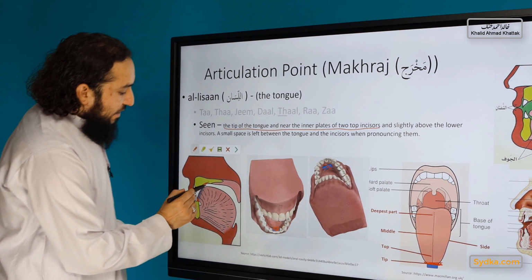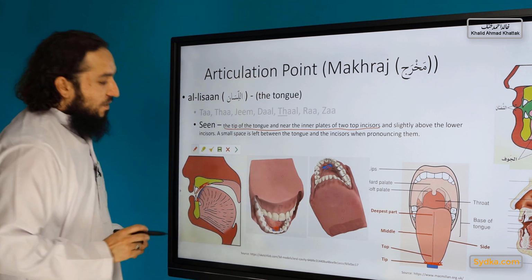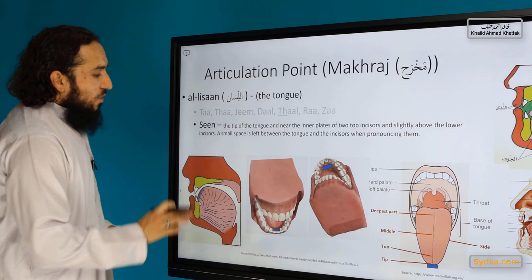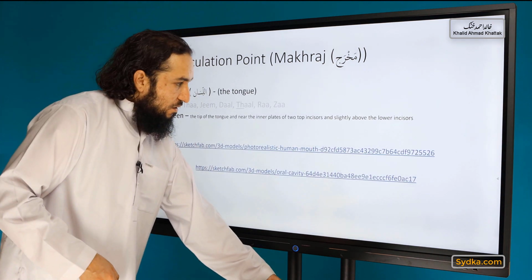So a small space is left when we pronounce Seen, between the tongue and the incisors. And we're going back to the 3D model, so that will explain in great detail.